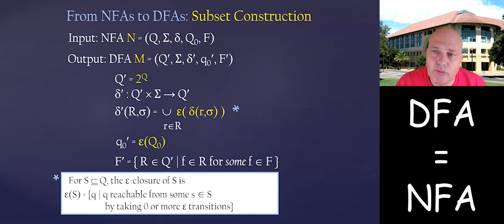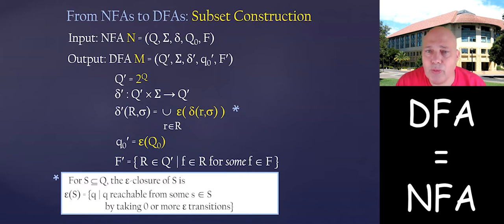So remember that an NFA can accept a string if there is some path to an accepting state. There are paths perhaps for other states that are rejecting, but it's enough that there is one path to an accepting state.